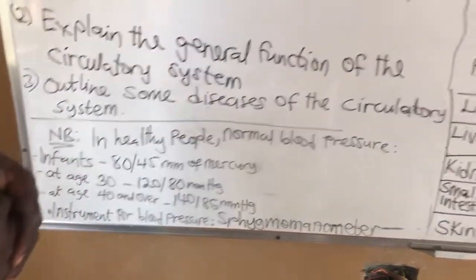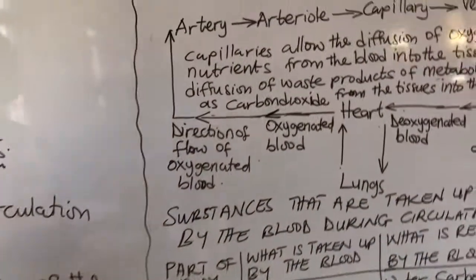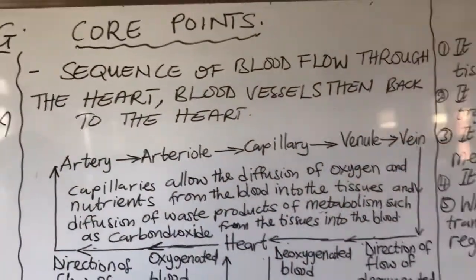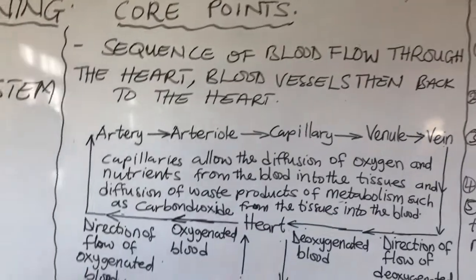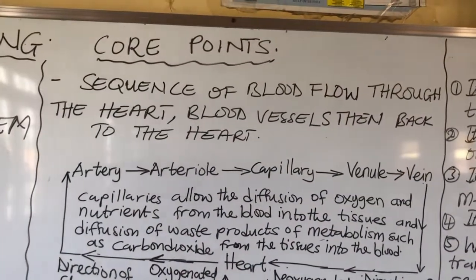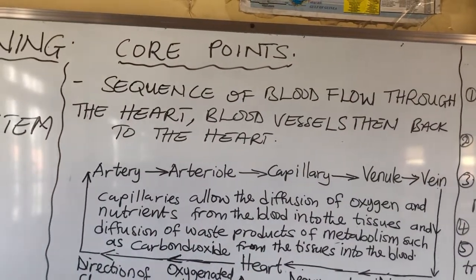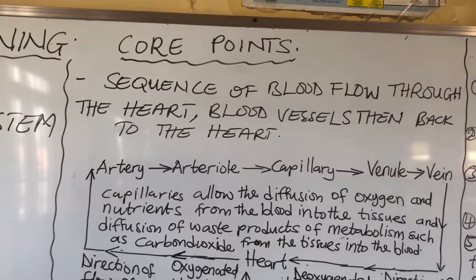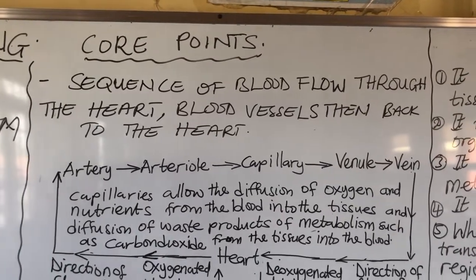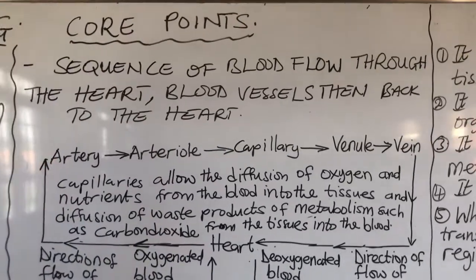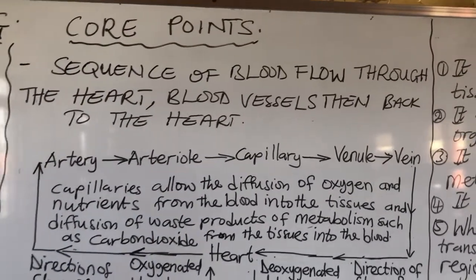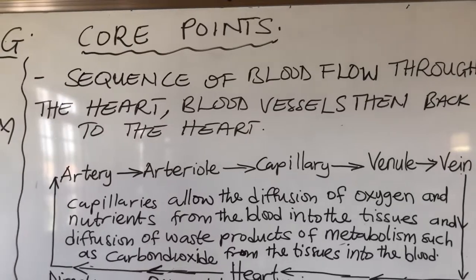Now to move on, let's look at the sequence of blood flow through the heart, through the blood vessels, then back to the heart. Before we look at the sequence here, let's look at how blood circulation occurs in general.